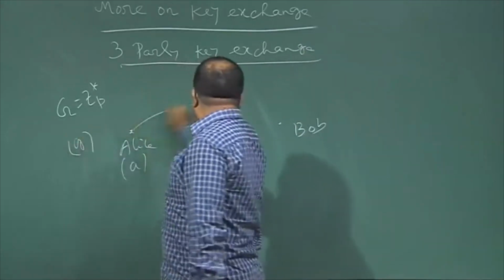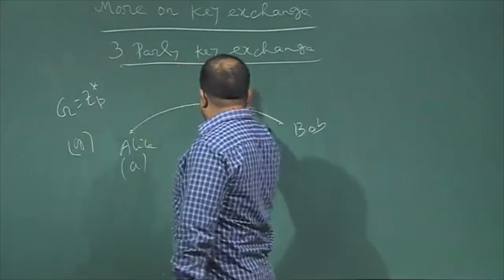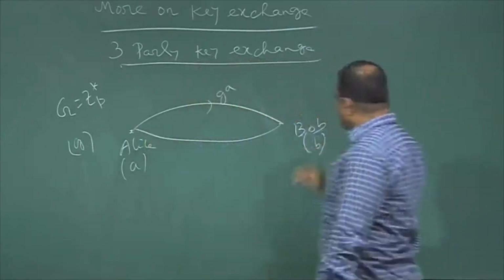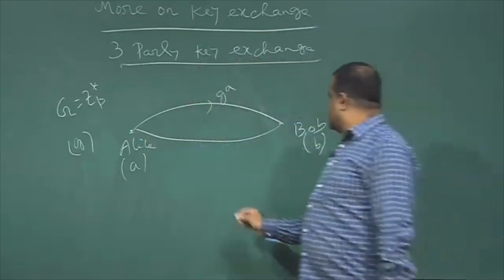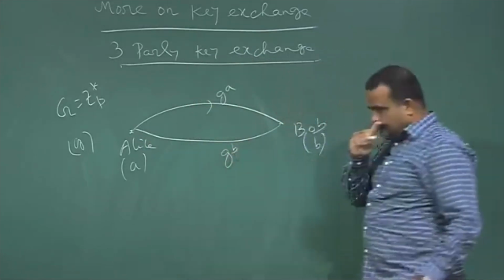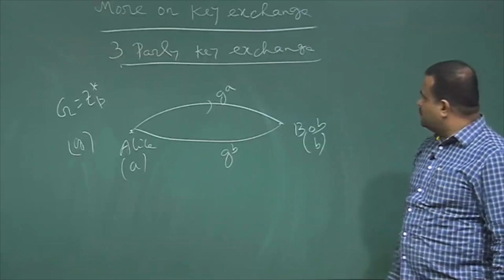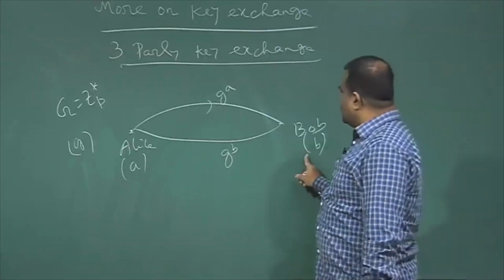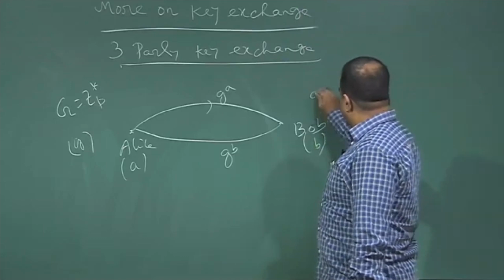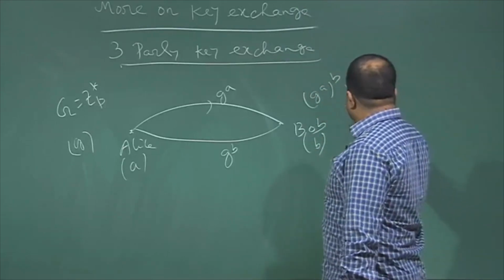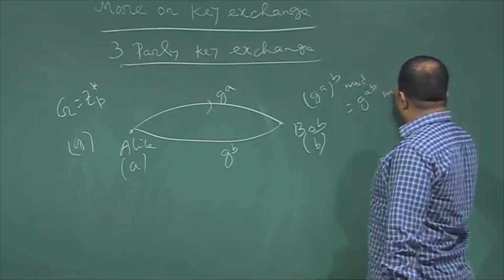Alice computes g to the power a, Bob chooses b and computes g to the power b. Then Alice computes g to the power b to the power a mod p, which is g to the power ab mod p, the key.